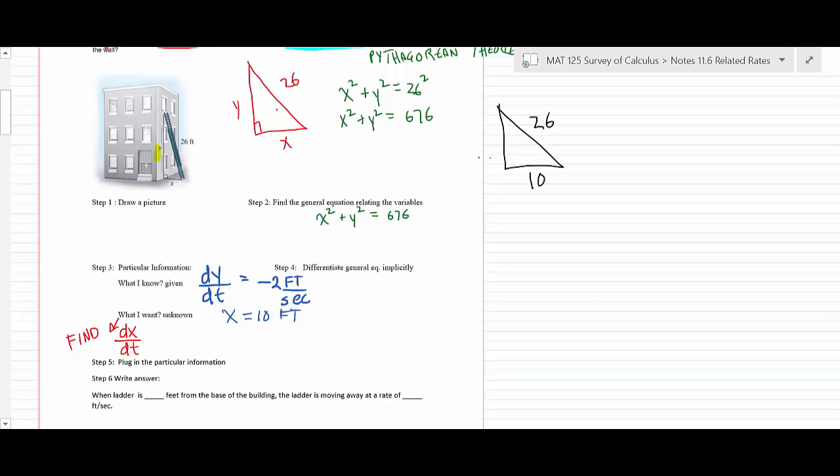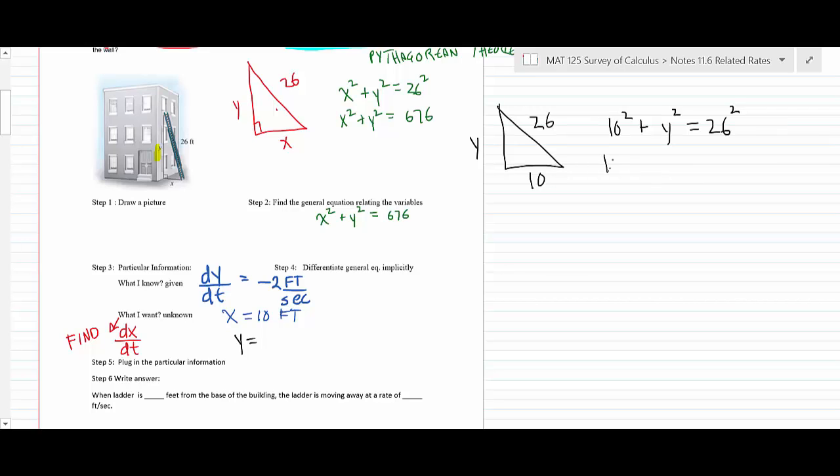But we're interested in when x is 10. So we need to use the Pythagorean theorem to find y, because that's another piece of information we need. You would say a squared, or 10 squared, plus b squared is equal to c squared, and you would solve that equation for y.